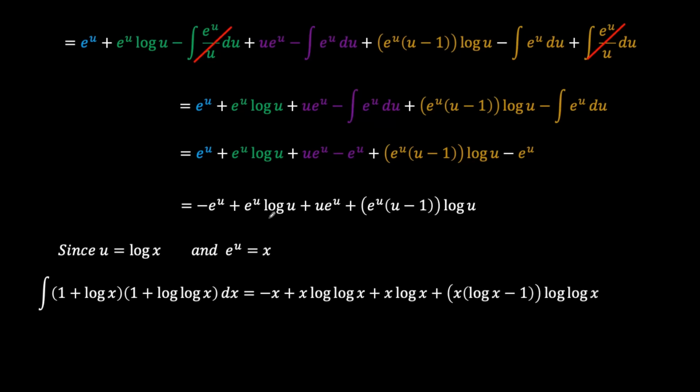In place of e to the power u log u, we have x times natural logarithm of x, which we put here, and u times e to the power u: e to the power u is x, and u is log x, so we have it here. And here we have, in place of e to the power u is x, u is log x minus 1, and then log u is the same as natural logarithm of x, since u is natural logarithm of x.